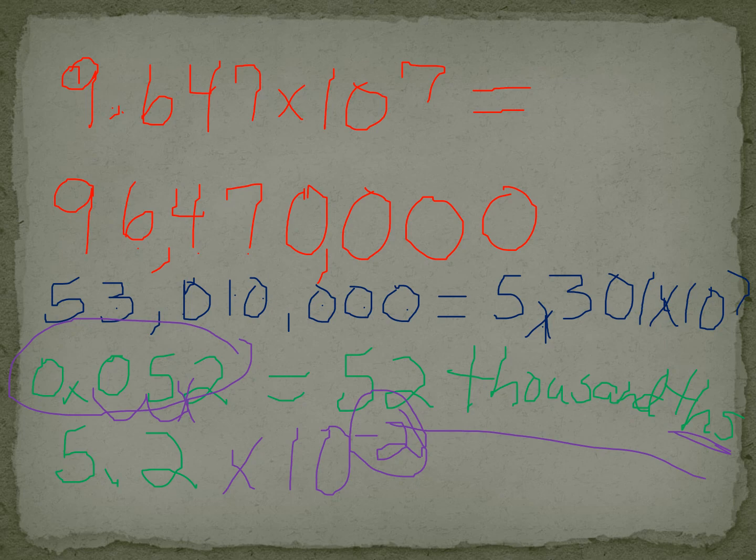I'm going to do one more here. We'll do this one in green. Okay, so standard form, my number is 0.0. I'm just going to put a little X there so you know that's where my decimal is. 0.052, okay? Or what is this? 52 thousandths.